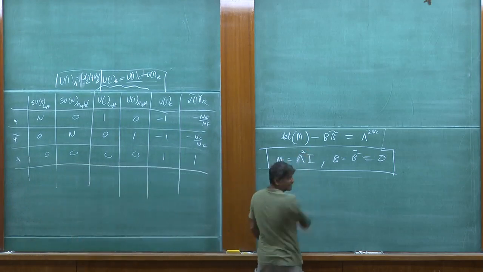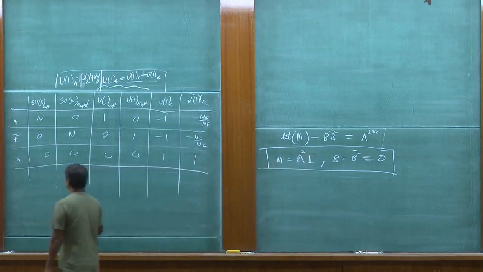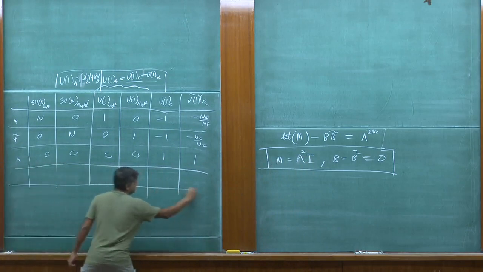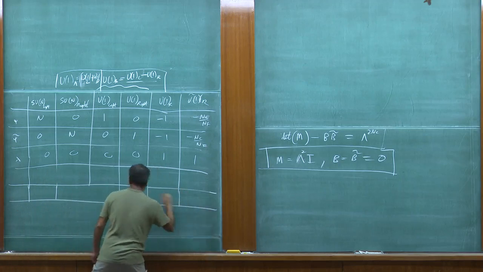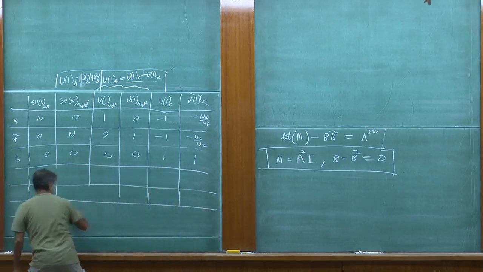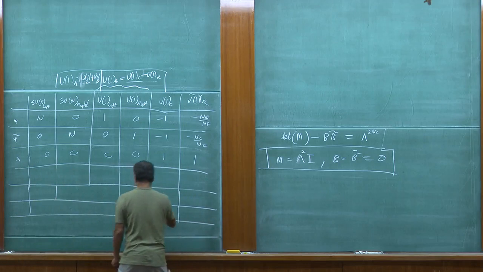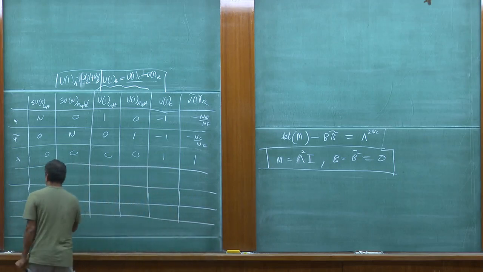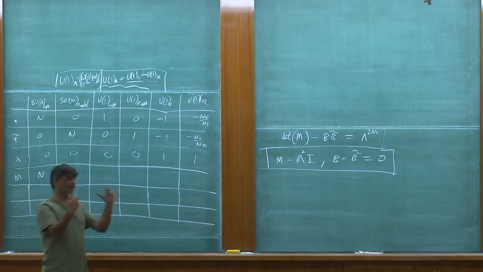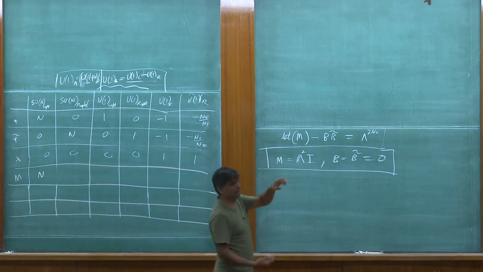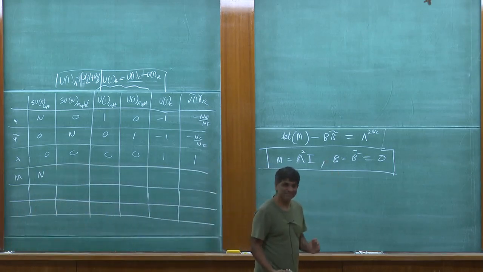You're right, lambda square. Thank you. Let's add to this table M, B and B tilde. So let's look at M. Okay, this transforms as N. M is a bilinear of Q with Q tildes.